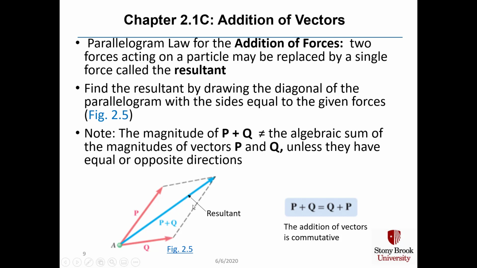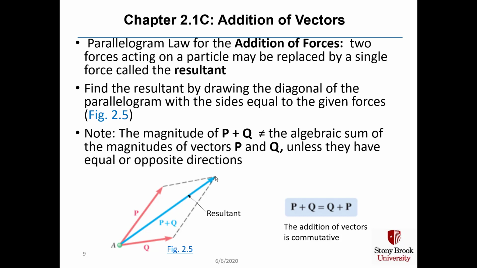We draw this dotted line, which is parallel to P and starts here at the end of the arrow of Q. Likewise, we draw this dotted line, which is parallel to Q, starts at the end of the arrowhead for P, and where it intersects those two dotted lines is where we're going to draw the resultant.